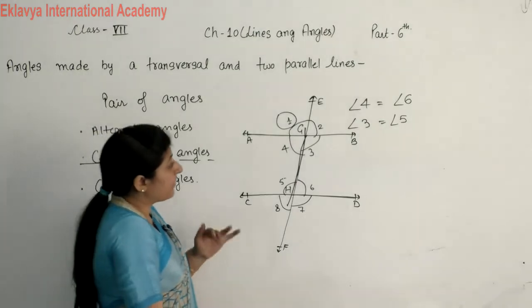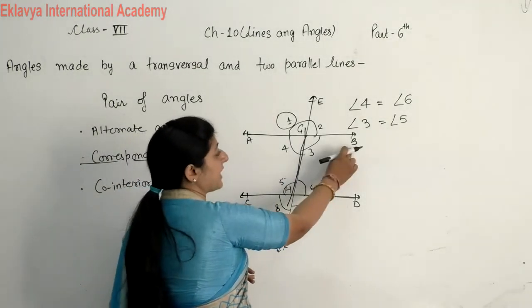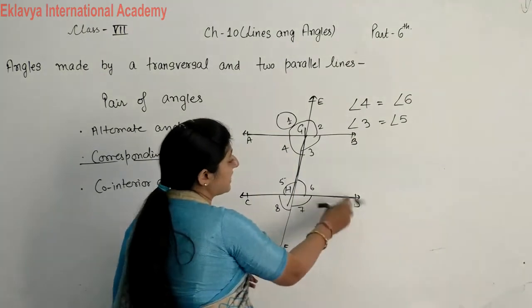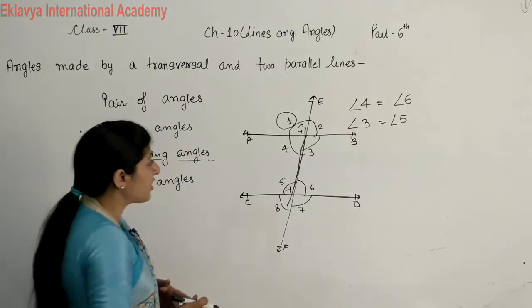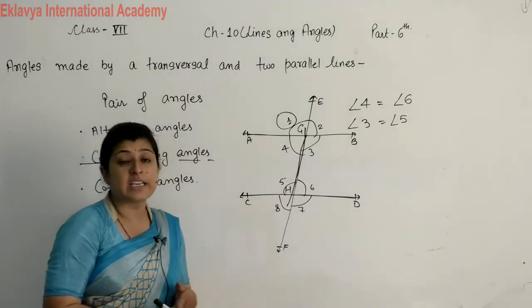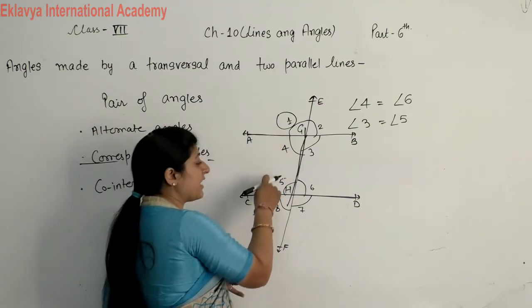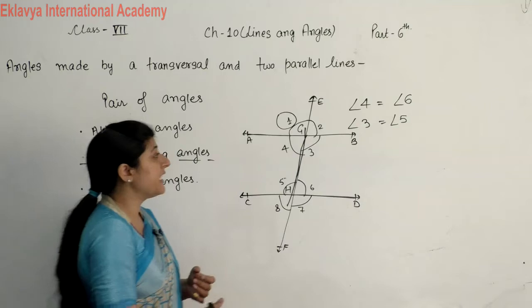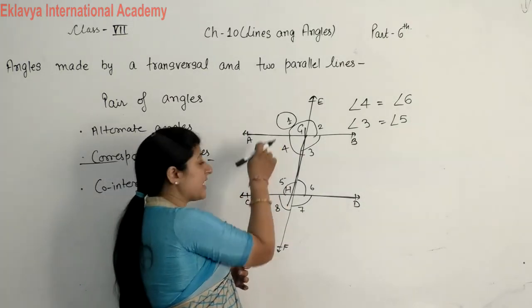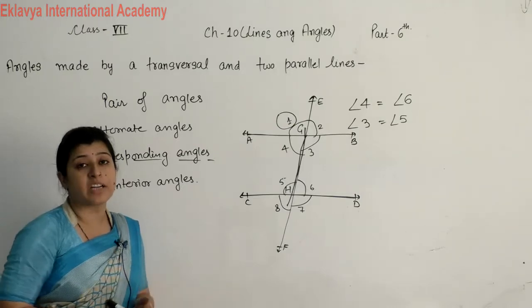Whenever we are taking a pair of angles, we take one angle with line AB and another angle with line CD. So corresponding angles are a pair of angles where, with one line, if one is exterior, then with the other line we take an interior angle on the same side of the transversal.